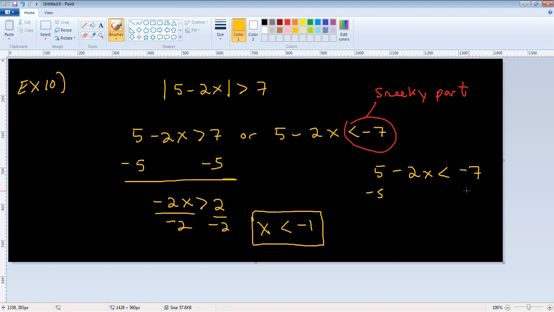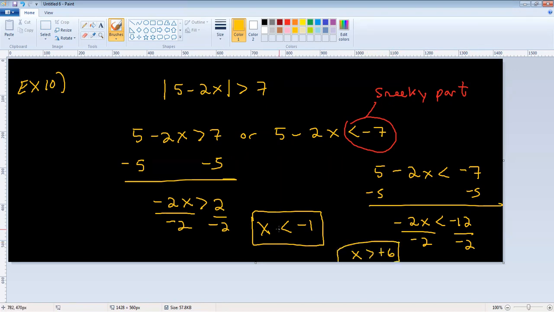So we subtract, we have negative 2x less than negative 12. We are going to divide, and then we are going to flip, and we get a plus 6 right here. So this is x is less than negative 1. This is x is bigger than plus 6.